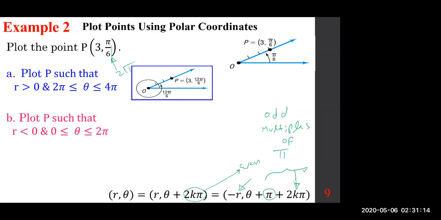Even multiples of pi, okay? So one easy way, just add pi, okay, class? Add pi. So if you change this to -3 and you add pi, notice what happens? -3 and then pi plus pi over 6 gives you 7 pi over 6, and you're done.